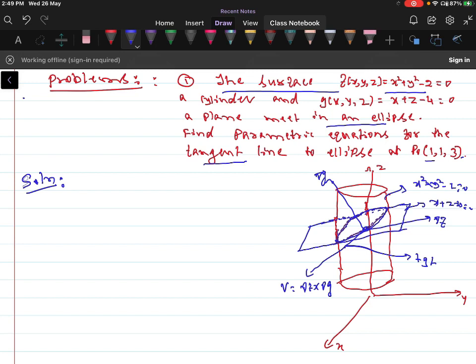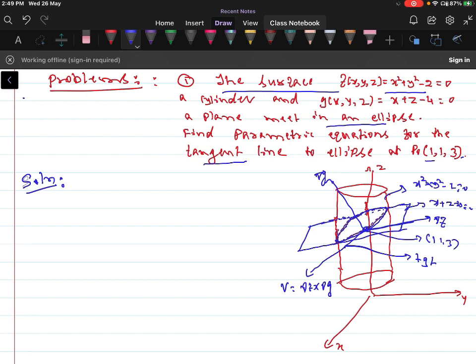Then, the gradient of f. Just fix the point on the ellipse. So the point is (1, 1, 3) here. At this point, we take the gradient of f.